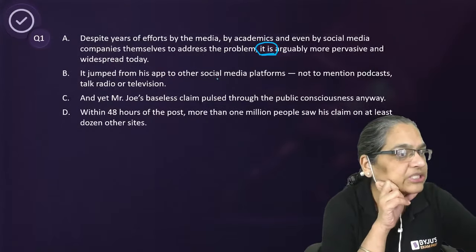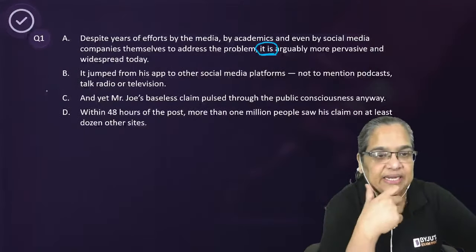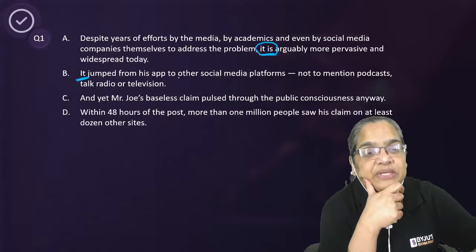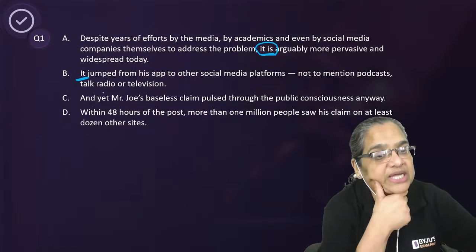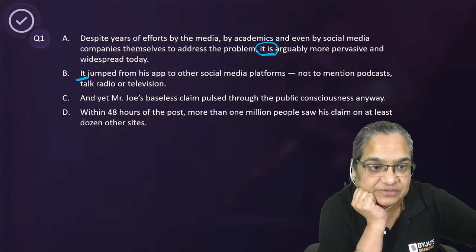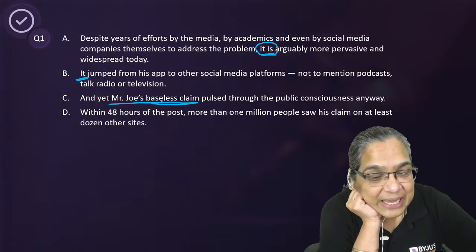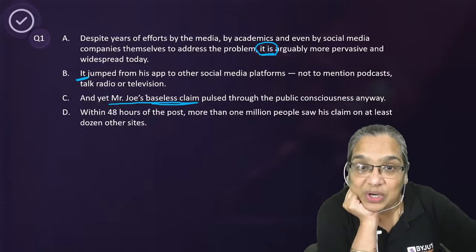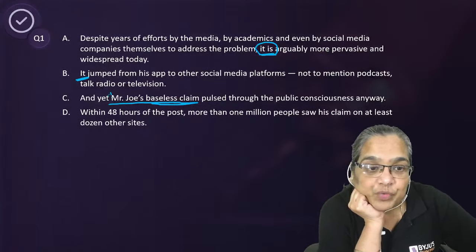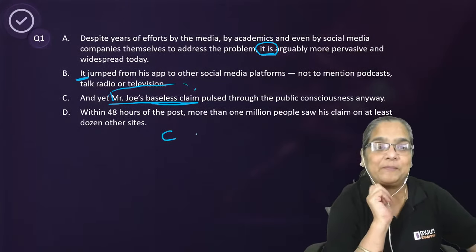So A cannot start the sequence, all those who said A. It jumped from his app to other social media platforms, not to mention podcasts, talk radio or television. Yet Mr. Joe's baseless claim pulsed through the public consciousness anyway. So what are we talking about? Joe's baseless claim. So C is the beginning.